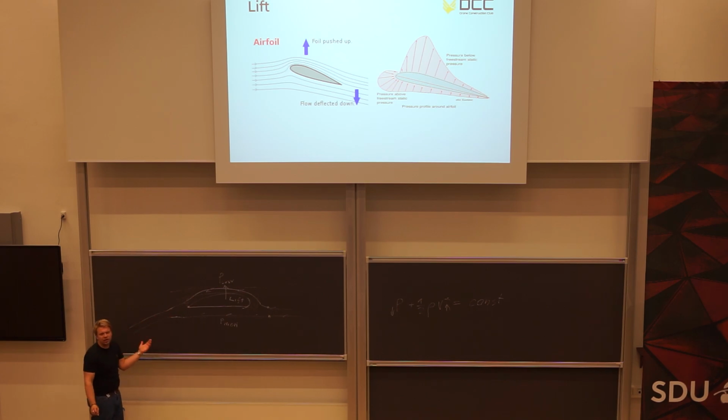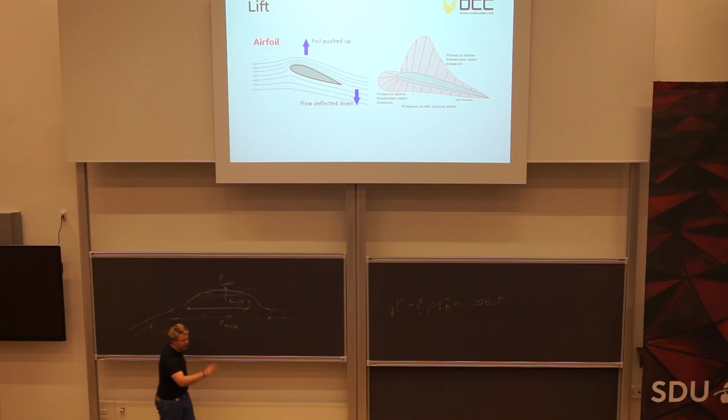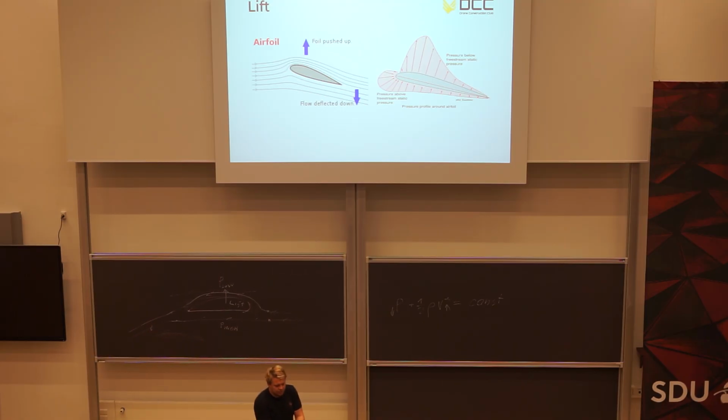Now I'm exaggerating it here, but because of that, you could take Newton's formula and say that you are giving the molecules an acceleration down, so in turn you're going to get acceleration up. I.e., you get the force up, you get lift. Yeah, so that's kind of how that stuff works.